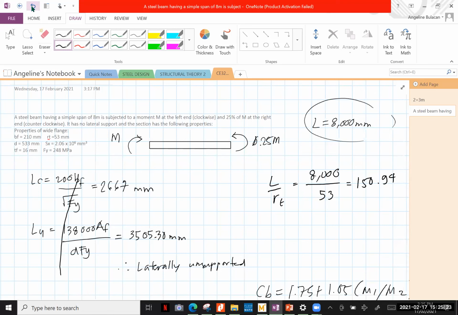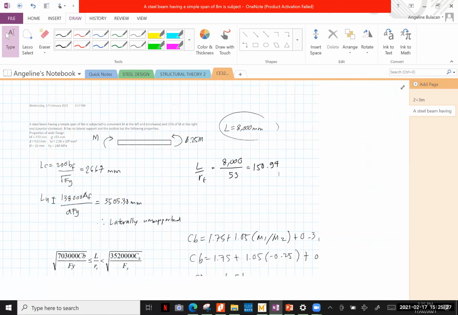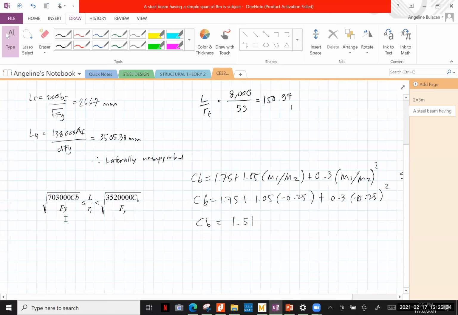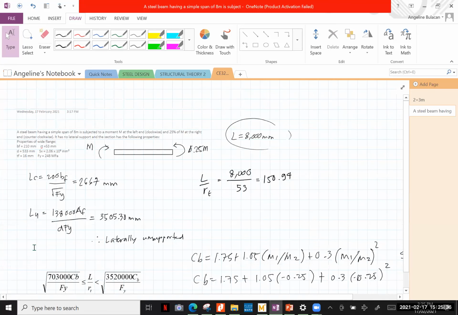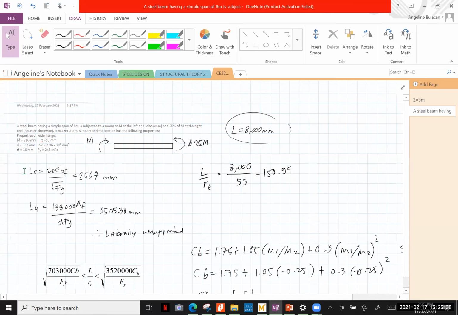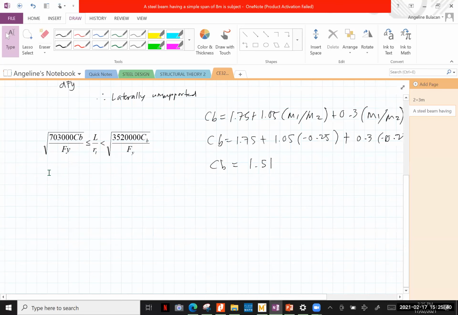Sorry. Check na muna natin yung ito. Substitute natin yung CB, which is 1.51. Tapos, divided by FY, which is equal to 248. Ang lalabas dyan na sagot is, tingnan natin, 65.44.